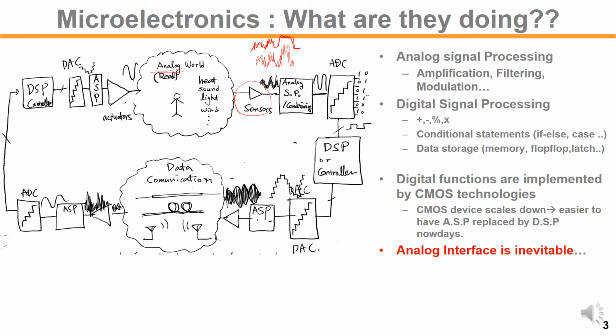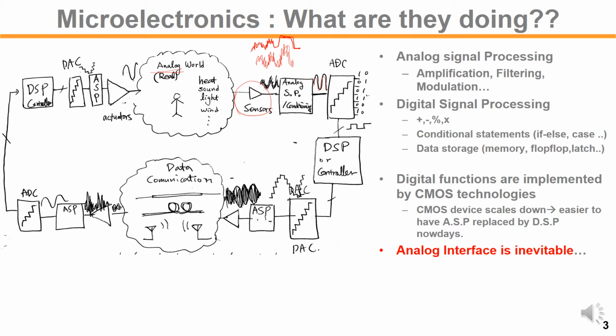First, in the analog side, we may try to eliminate all those noise or distortion so that we generate a more clean signal.